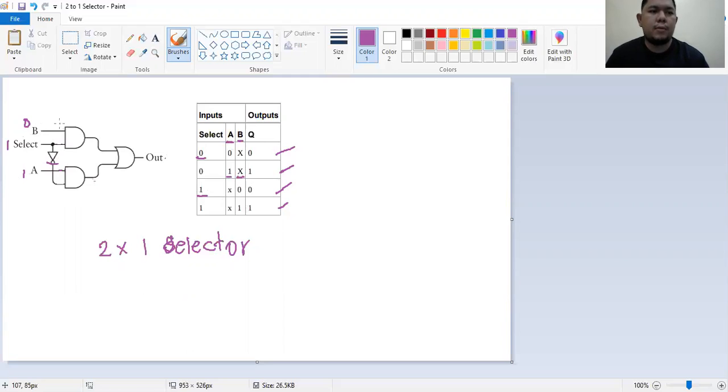So let's figure it out. 0, 1, this becomes 1, this becomes 0. So 0 and 1 becomes 0, 1 and 0 becomes 0, 0 or 0 becomes 0, right?